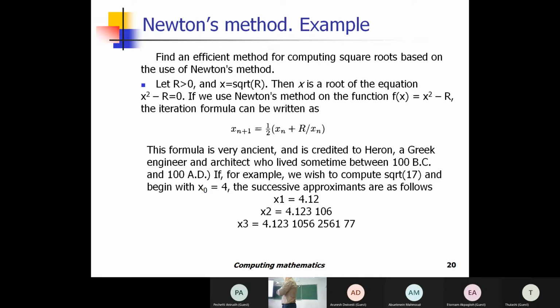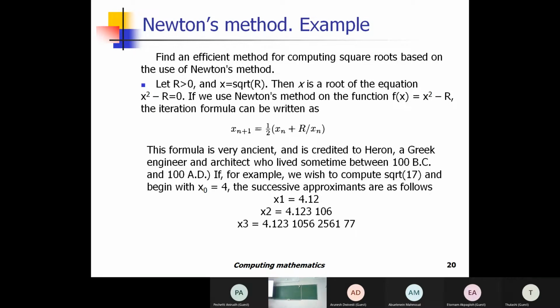This formula is written for an arbitrary function, any function. In our case, we have a particular, specific function x squared minus R. What you should do is substitute our function into this formula and derive the particular formula.